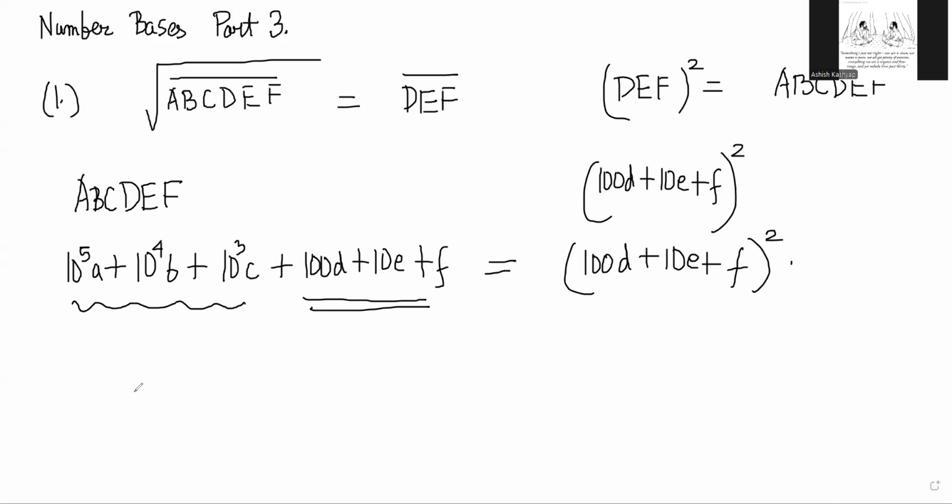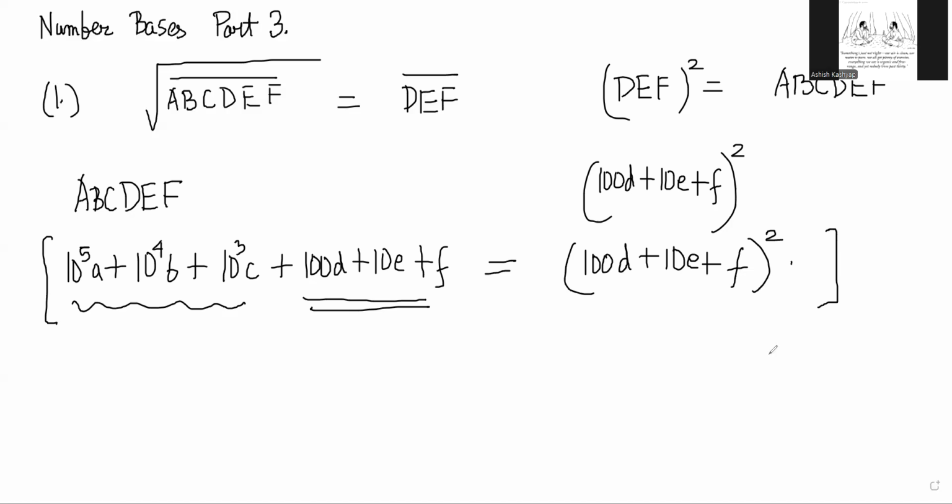Have you guys tried something after this? The square of F has to end in the digit F, so that narrows the possibilities for F to 1, 5, 6, and 0.